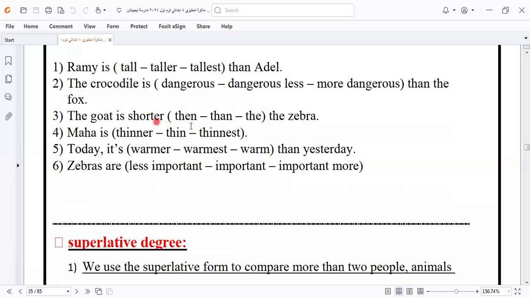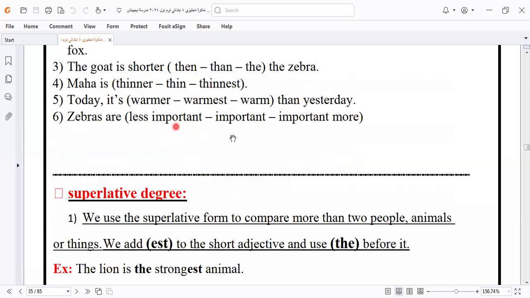Maha is thinner or thinnest? Here we forget that, so the answer will be the thinnest, the last one. Today it's warmer than yesterday. So here we have than, so it will be warmer. Zebras are less important, more important.